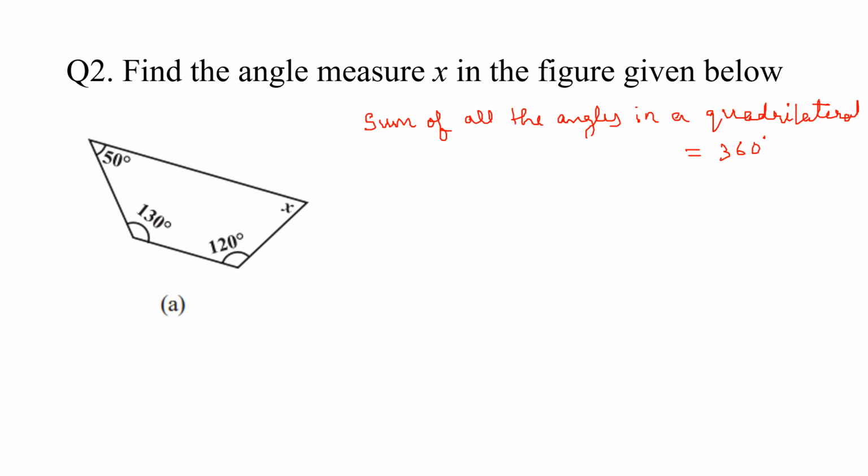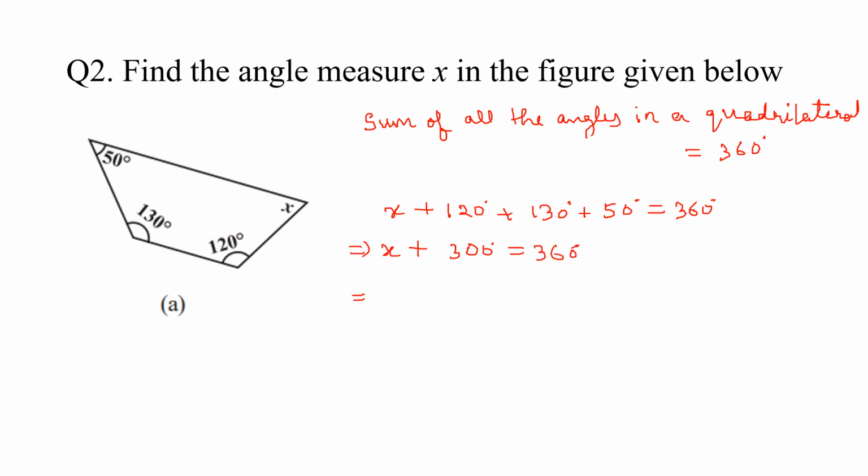So I can write it here, x plus 120 degree plus 130 degree plus 50 degree is equal to 360 degree, right? And if you add 120 degree plus 130 degree plus 50 degree, you will get 300 degree, and this is equal to 360 degree.